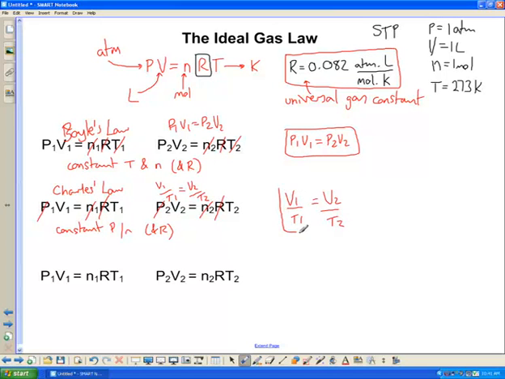So again, what we've done is we've come up with the relationship between volume and temperature. All right.